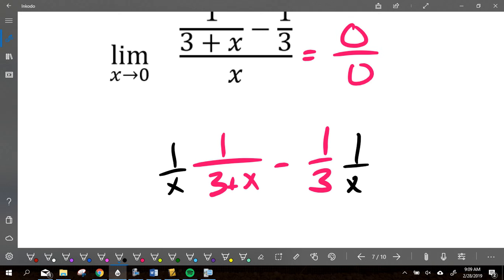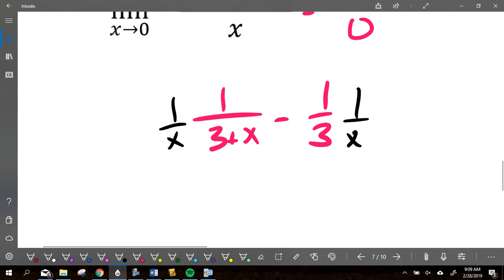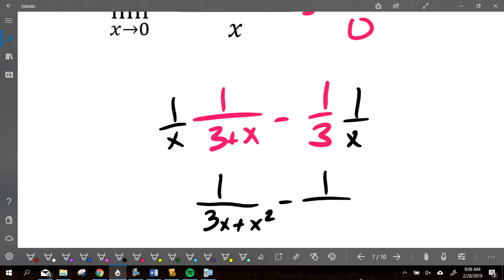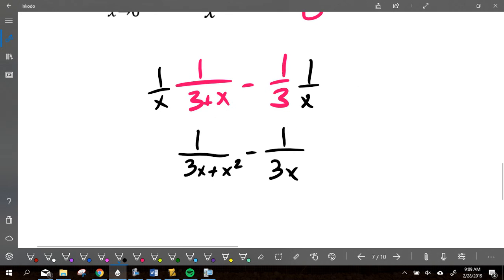Dividing by a fraction, multiplied by the reciprocal, it's the same thing. Okay, I multiplied both parts by that. So I'm going to multiply that out. So this is 1 over 3x plus x squared, minus 1 over 3x. So we got rid of that other fraction. Now we just have one fraction. That's better than what we started with. We don't have crazy double fractions anymore.